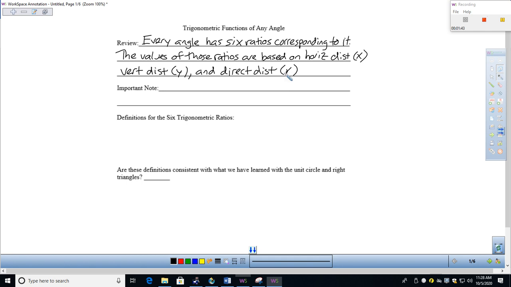So we have our x value, our y value, and our r value. That's pretty lousy r here, but hopefully you get the idea. So x, y, and r on the coordinate plane: horizontal, vertical, and direct.